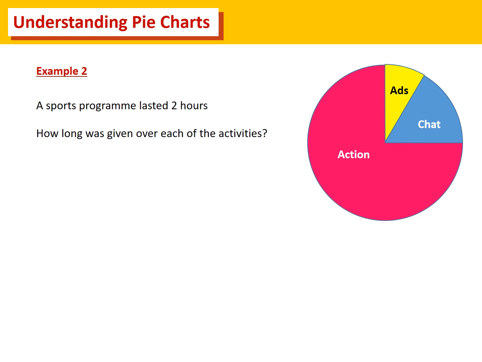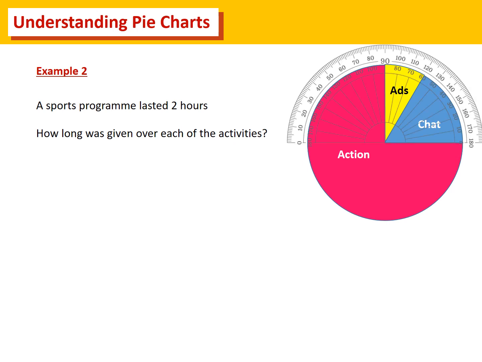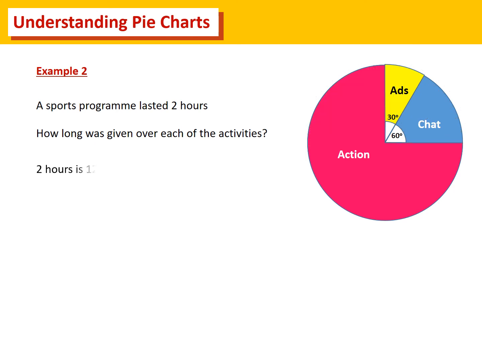Now we can do example 2 in a slightly different way. First of all, we still need the angles for chat and ads. So we still get our protractor and measure those angles. But now we think like this. Those 120 minutes that the program lasts for is being represented in a diagram which has got 360 degrees in it.